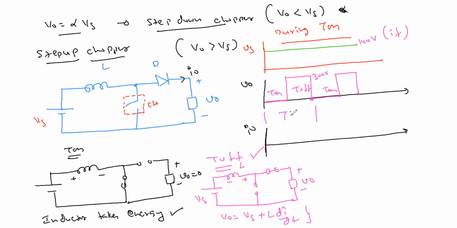Tell me now during on period, what is I naught here? If you understand this, you'll tell the answer. On period में, this is I naught. I naught का करंट क्या होगा? ऑन कर दिया मैंने चॉपर को, ठीक है, इसका करंट क्या होगा? What will happen to this current? Excellent guys. That is 0 because it's open. No current is going here now.